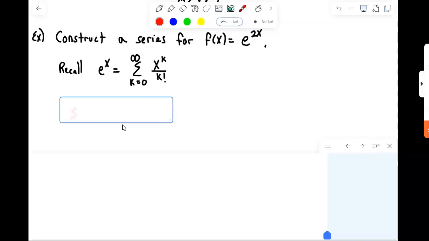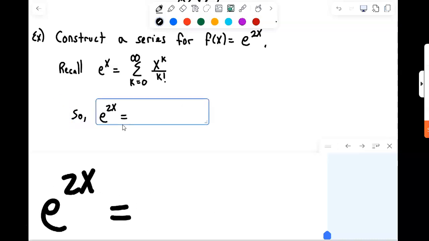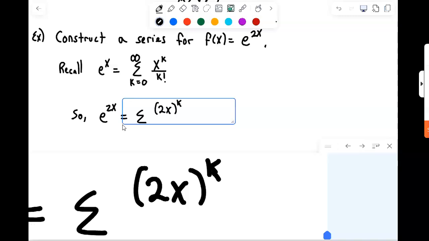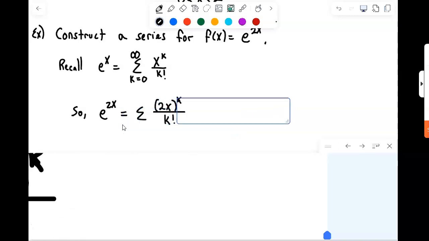So what this would mean then is that e to the 2x would be equal to the sum of 2x raised to the k power over k factorial. Right?